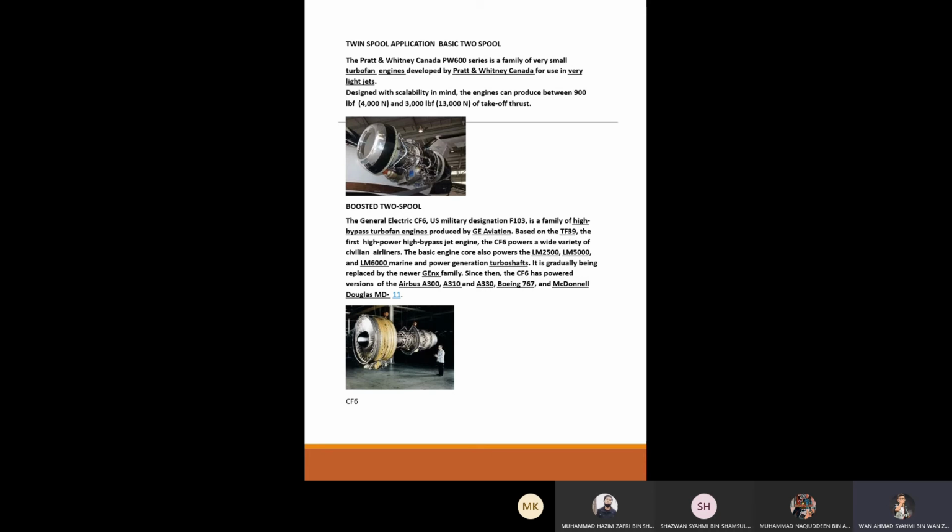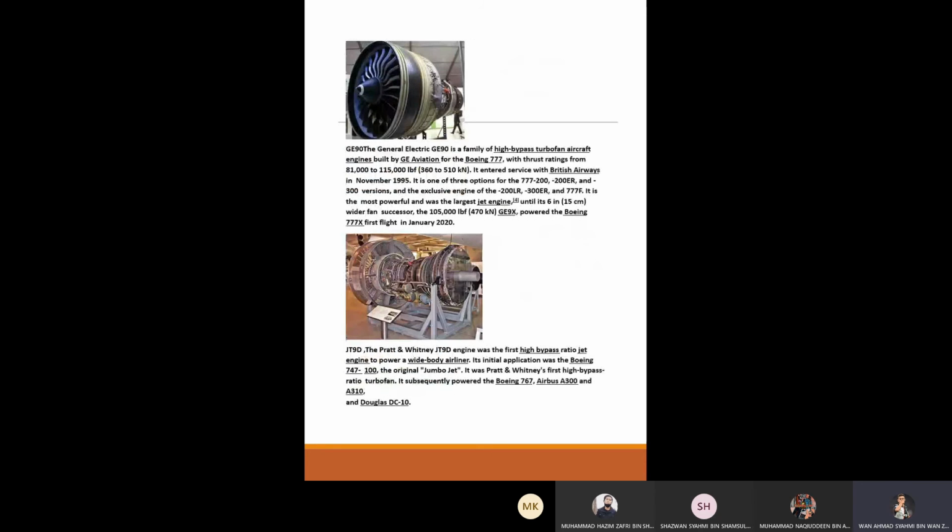Next is the GE90. The General Electric GE90 is a family of high bypass turbofan aircraft engines built by GE Aviation for the Boeing 777. With thrust ratings from 81,000 to 115,000 lbf, it entered service with British Airways in November 1995.